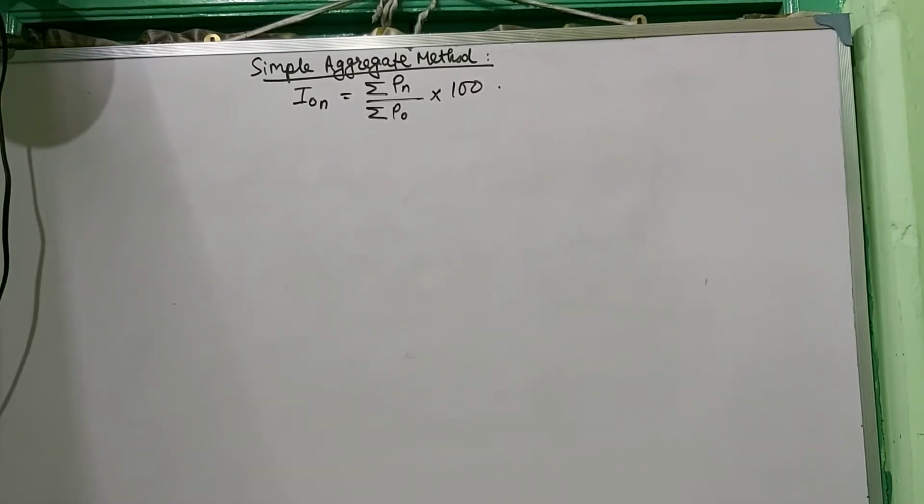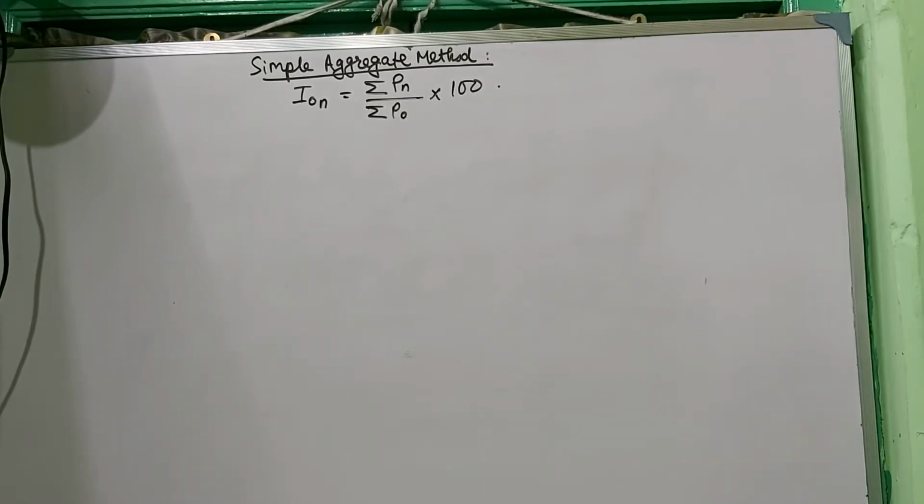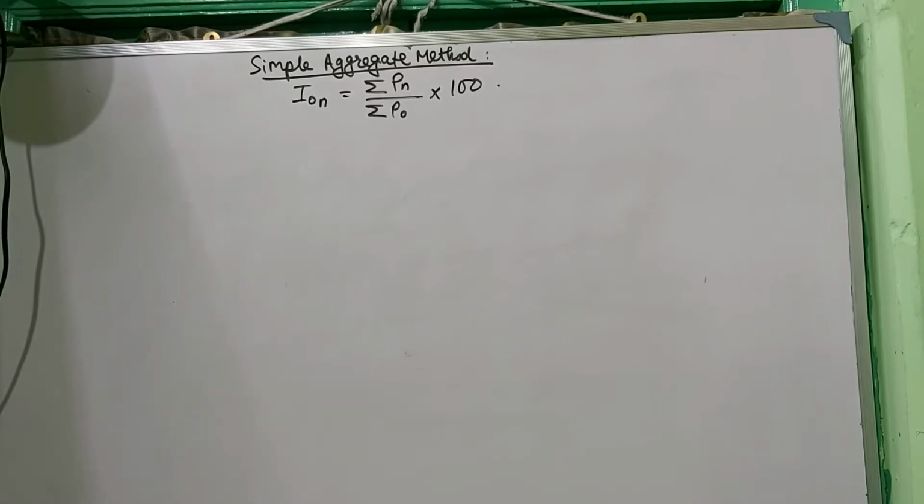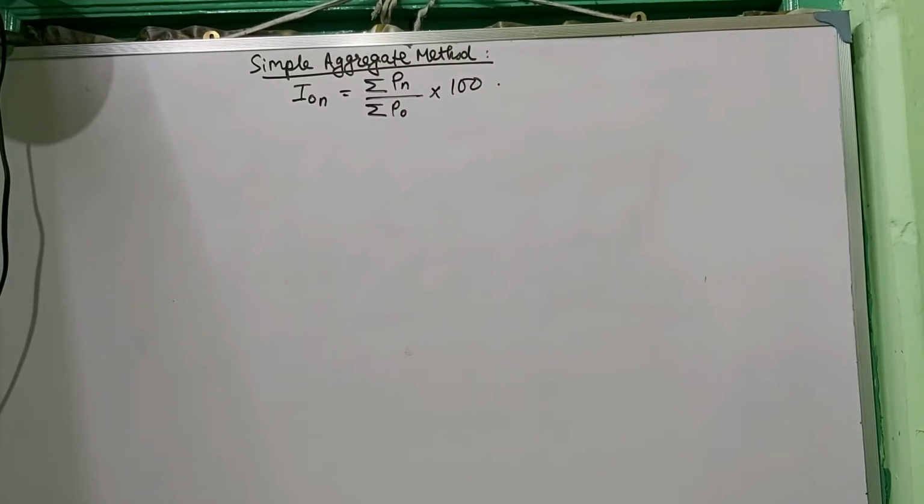Come to my first sum, which is about the simple aggregate method. From the given data, calculate the index number of the price for the year 1981 to 83 with reference to 1980 as the base year using the simple aggregate method. Means we have to use the base year as 1980.